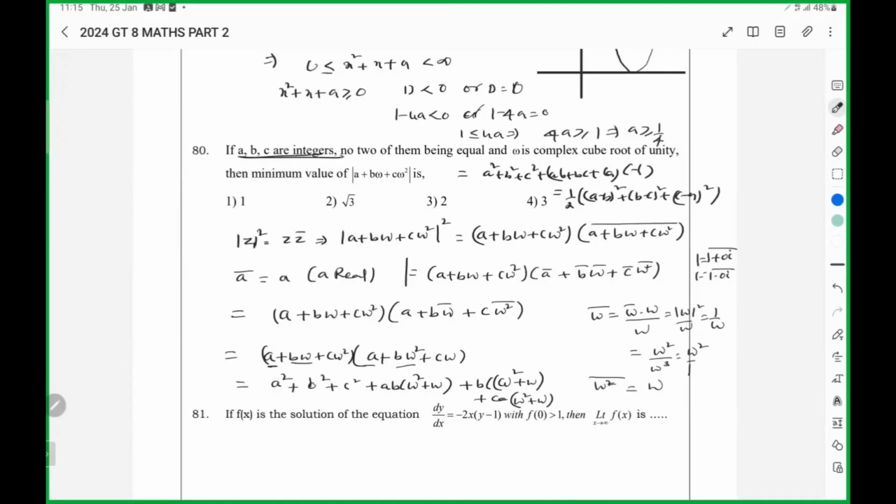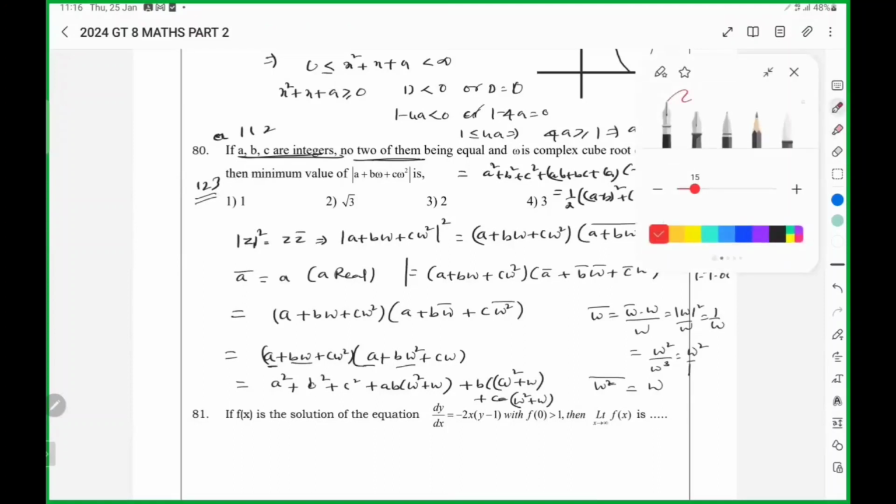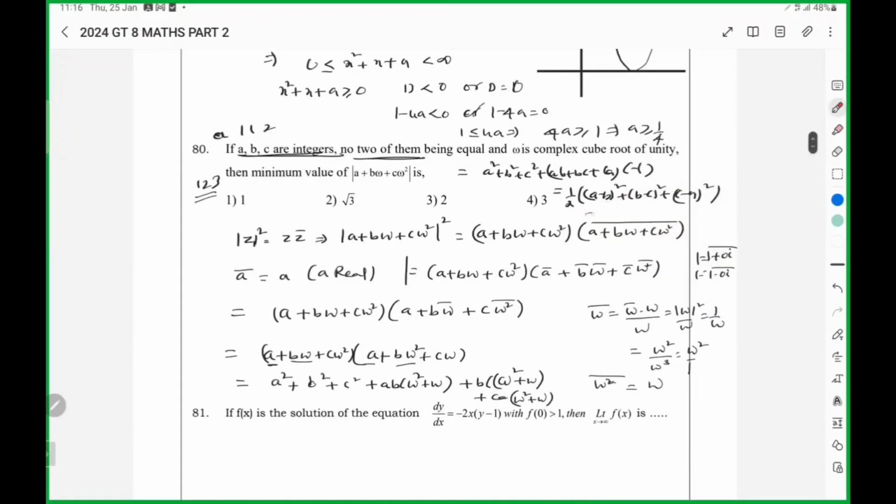Here he told a, b, c are integers, no two of them are equal. That means we cannot take 1, 1, 2. So the minimum values are 1, 2, 3. Once you substitute there, we get half into 1 minus 2 whole square, 2 minus 3, 1 minus 3, that is 6 by 2, which is 3. This is mod z square. Mod z square is 3.